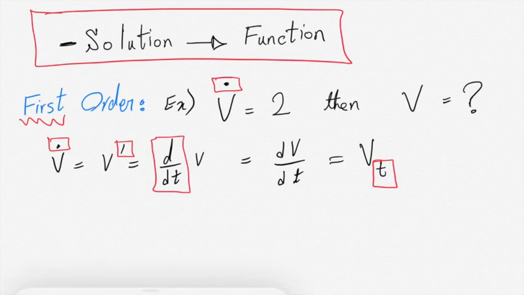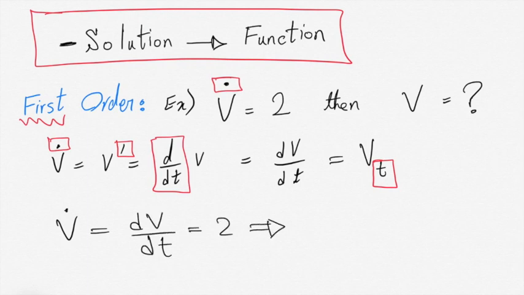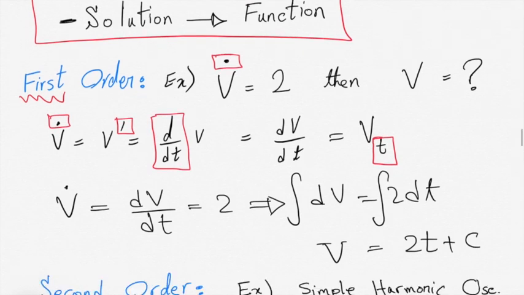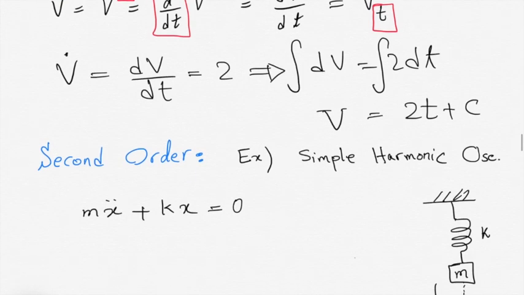For instance, in this example, we have dv over dt equal to 2. Therefore, it's very simple in this sense: dv equals 2 times dt, and then you take the antiderivative of both sides. Therefore, v is equal to 2t plus another constant that you can find by initial or boundary conditions.